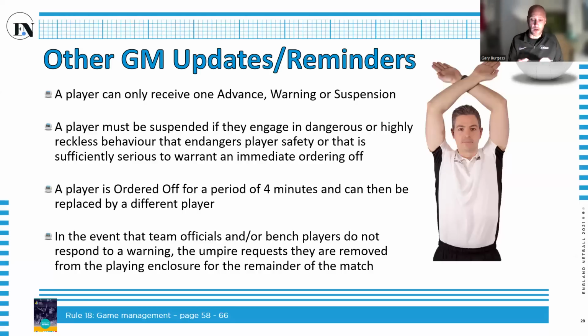If you've got a reserve umpire, they can take care of that. But the chances are in grassroots netball, you're not going to have a reserve. But a suspended player can be subbed straight off. Their replacement then waits by the suspension chair, and the umpire will then get that new player on at the next break in play. Okay, they don't have to wait for a goal.